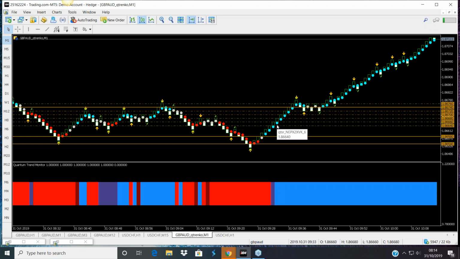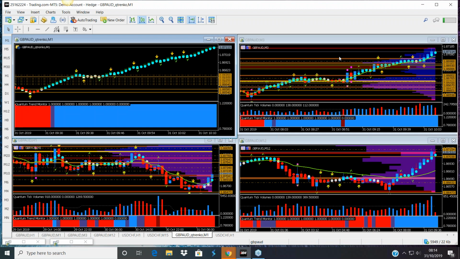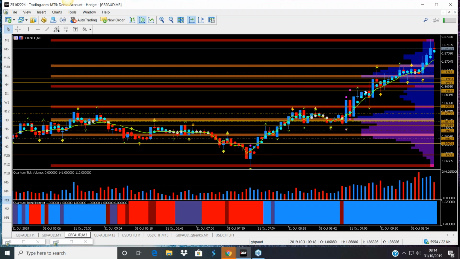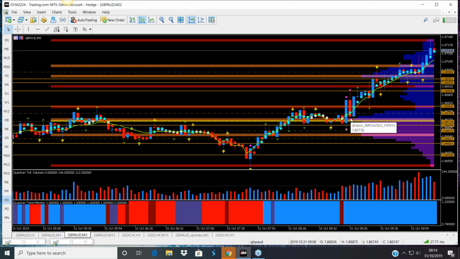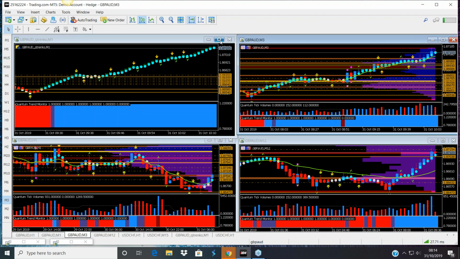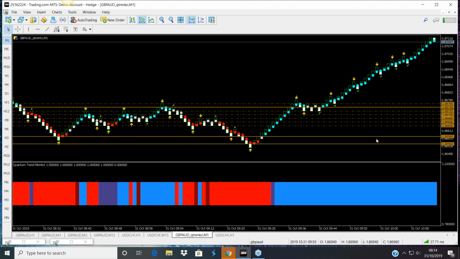When I said earlier on the 3-minute chart that this was a trend with volatility, we can see that because you have volatility candles, you have a retest back down to the volume point of control, and all of these wicks on the candles as we move up the trend. What the renko does is smooth it out. It doesn't take it out, it smooths it out. And what you are seeing here is reflected.